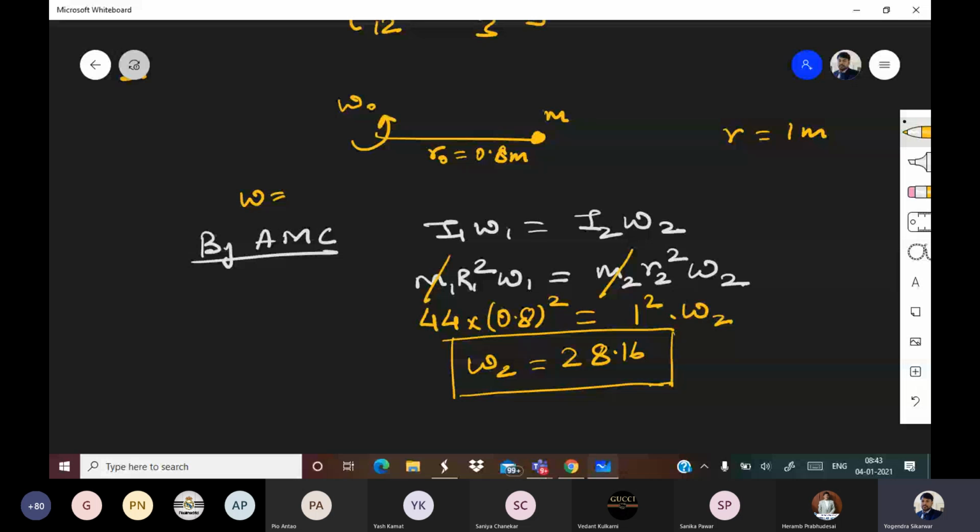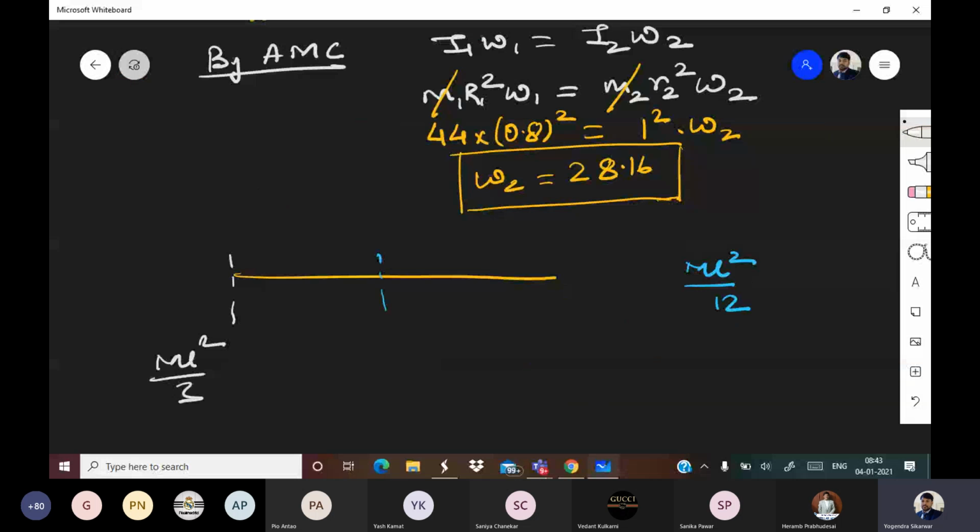If this is a rod and you need to find its moment of inertia about this axis, it is simply ml square. If you are calculating about this axis, which I am showing by white color, then it is ml square by 3. Who told you to take half the length and who told you to take full length?